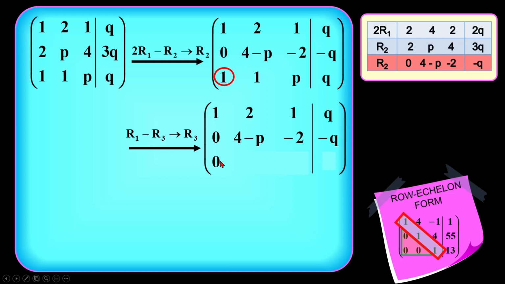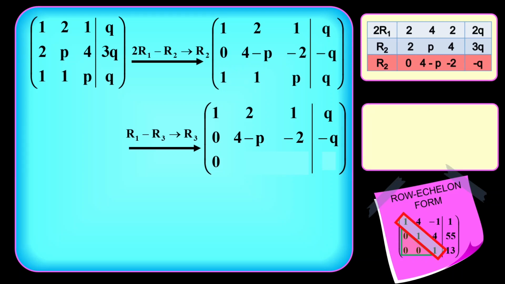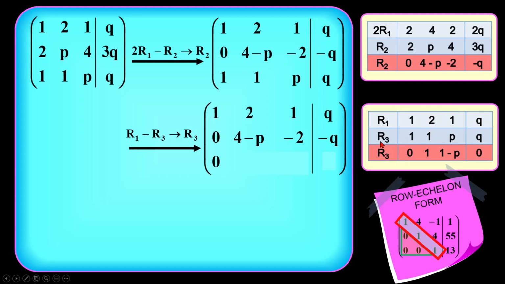Okay, I will get 0. So with that done, I can directly do row 1 minus row 3 from here. I can do mental calculation, so if you are fast, go ahead. But if you are still learning, you can copy row 1 and row 3 and minus them out. Once you fix the zeros, you copy what is left in the answer. So I have 1 and 1 minus p, and the last part here is 0. So I will copy it down.